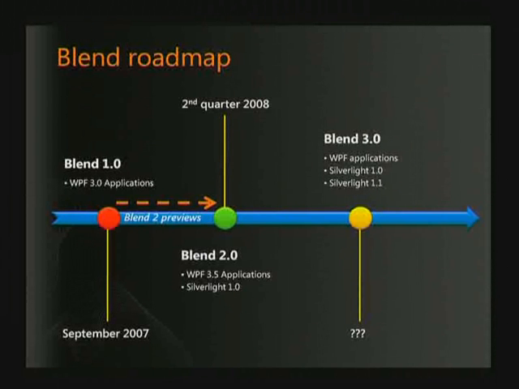So this is why you can download right now the preview of Blend 2. And when Blend 2 will be available, we will provide you the preview of Blend 3. So that's the way we are working with this project. Okay. So on the machine, I installed an internal build of Blend 2.